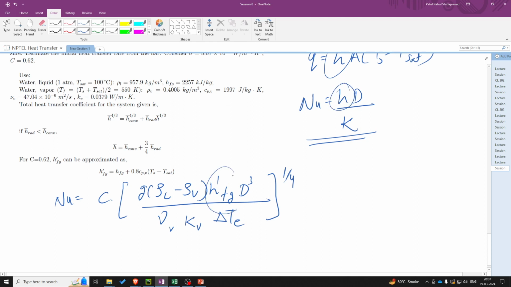But first we need to find this hfg at the given temperature. So we have been given this hfg at 100 degrees Celsius, but we need to find this hfg at the saturation temperature. In order to do that, you can just use this equation over here, and it will come around h dash fg is equal to 2257 kilojoule plus 0.8 into Cp V, which is around 1.997 kilojoule.